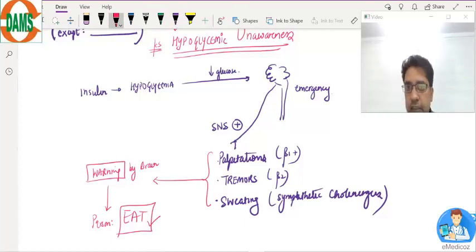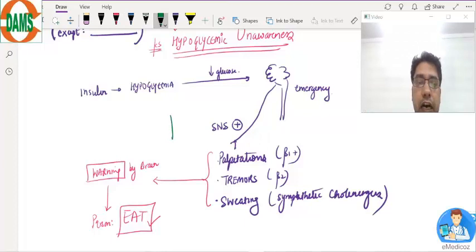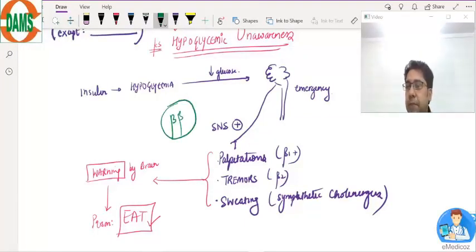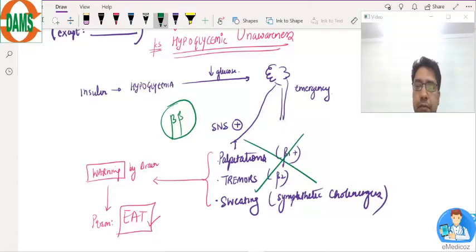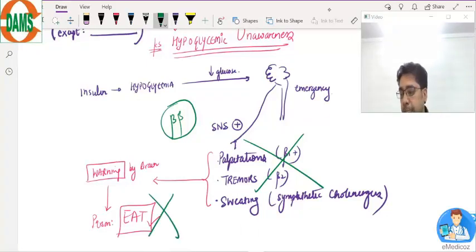So my question is, if the patient is having beta blocker, these symptoms will not come. If these symptoms will not come, the person will not eat anything. And if the person will not eat anything, this hypoglycemia will become very long.